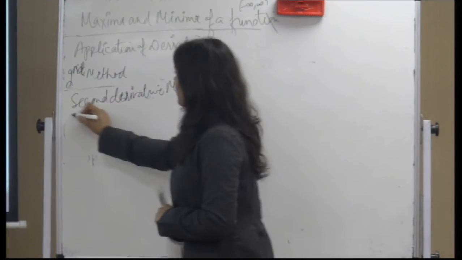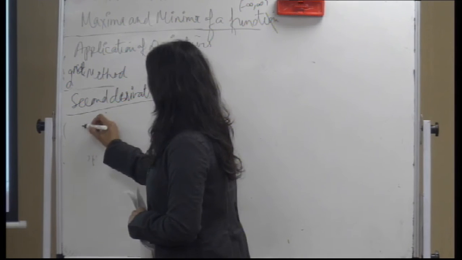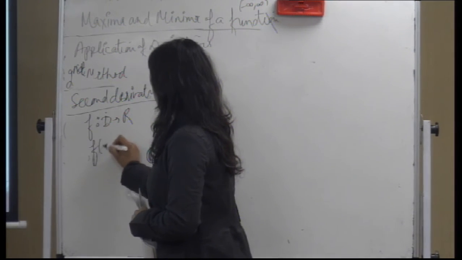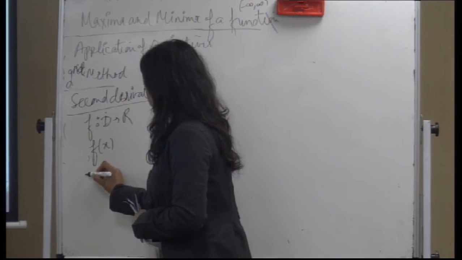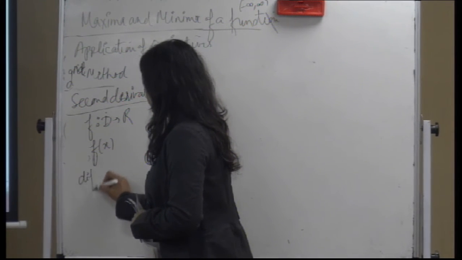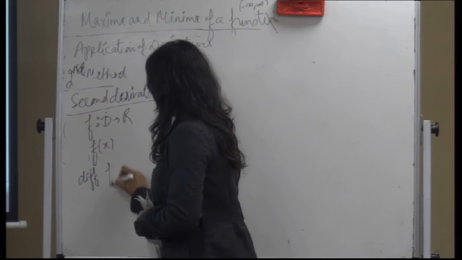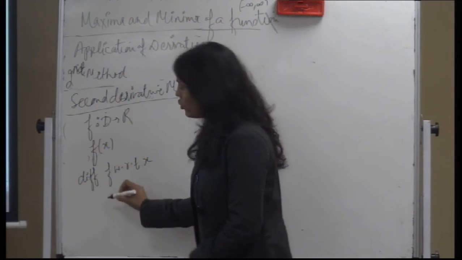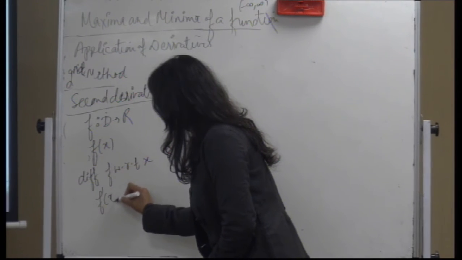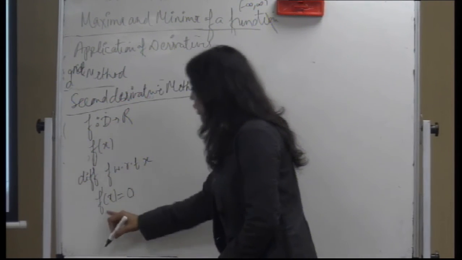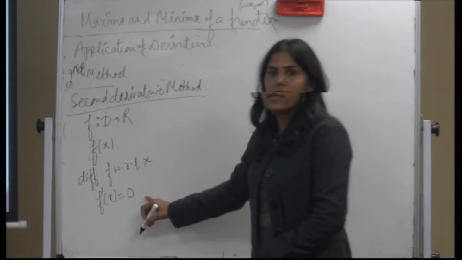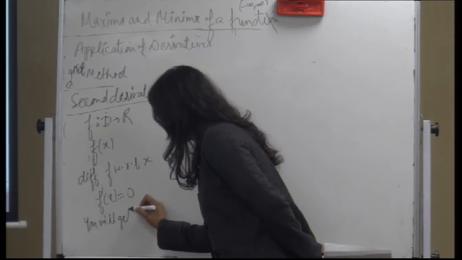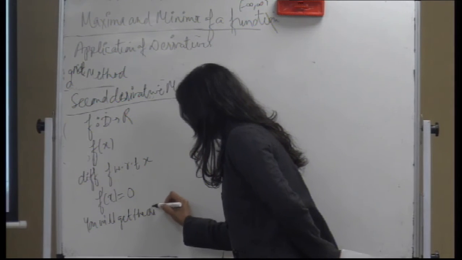So in the second derivative method, obviously your function will be f from D to R. First you will differentiate f with respect to x again, you will equate that derivative equal to 0, and you will get the critical points.